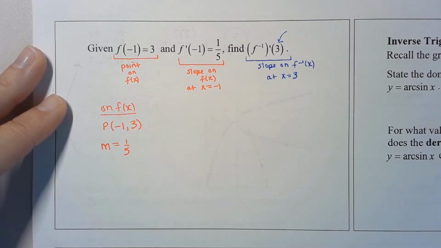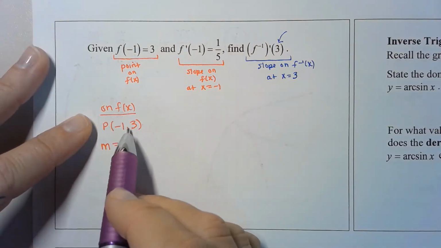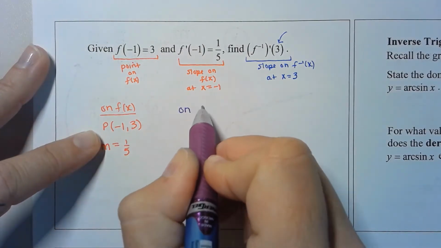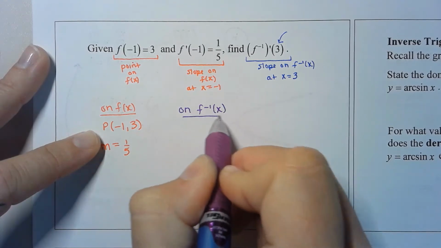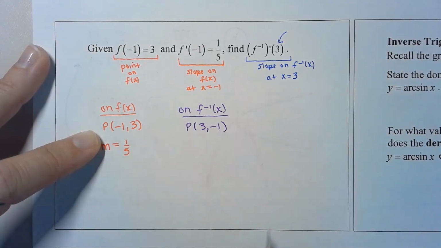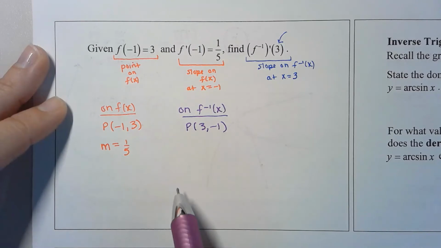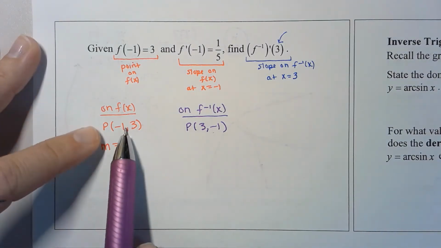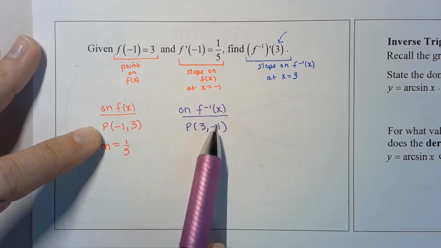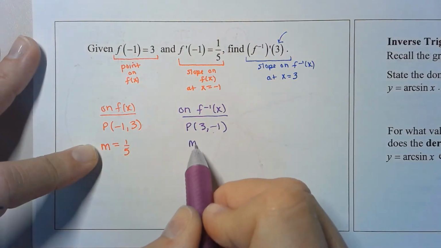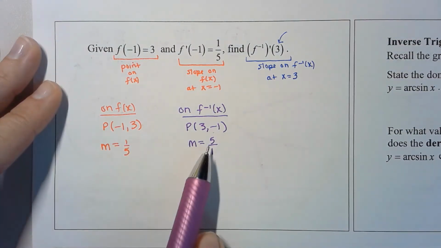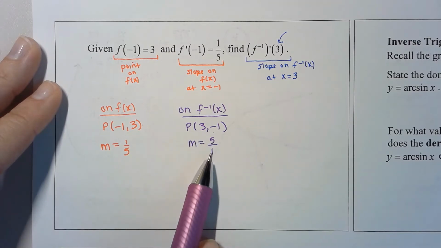What we just learned is that if on the original you have this point, that means on the inverse we have this point, right? We just switch the coordinates, corresponding points. And we also said at corresponding points, these graphs will have reciprocal slopes. So if the slope at this point is 1/5, the slope at its corresponding point will be 5/1. That's what we do know.